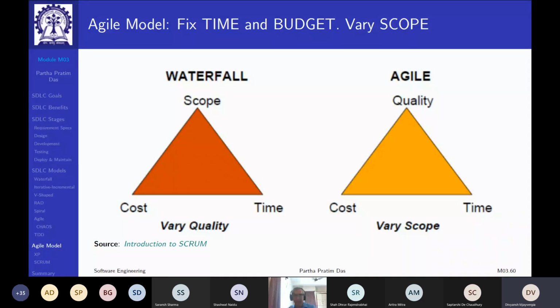So you vary the quality. You do a little less number of tests. You do not write some of the exception cases, and so on and so forth. So the quality gets compromised. That's how you manage. If you have to keep the project with all functionality within the cost, within time, often you would compromise on the quality.